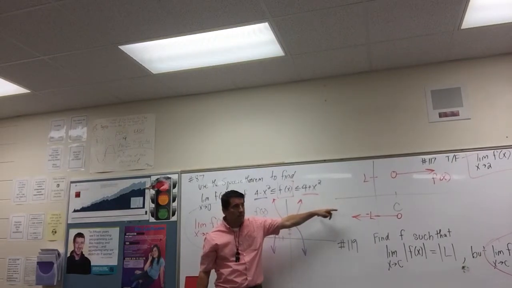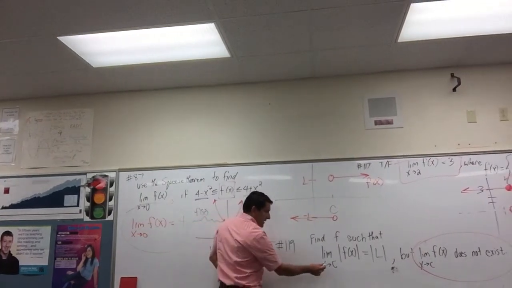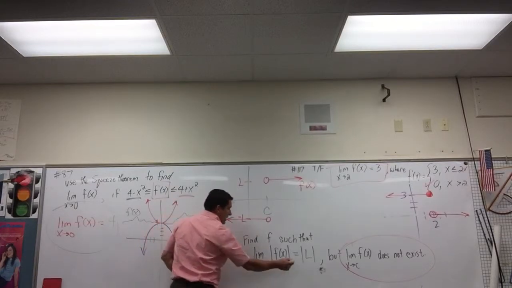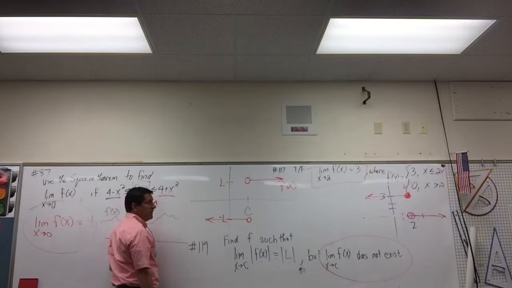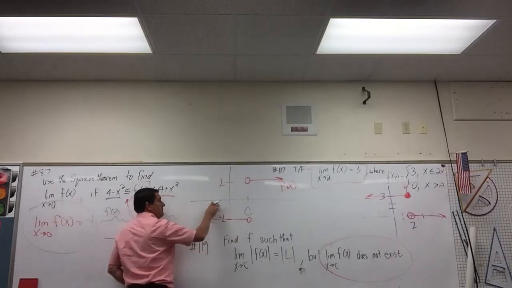Is that correct? That limit does not exist. But if I take the absolute value of f of x, does it equal the absolute value of the limit? What that means is it takes whatever numbers were negative and makes them positive.